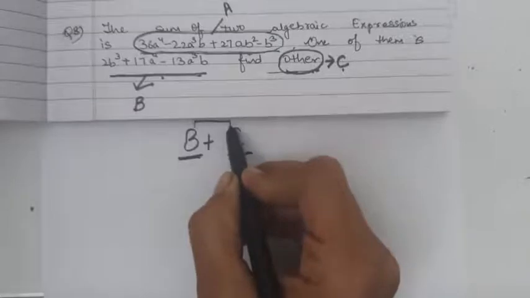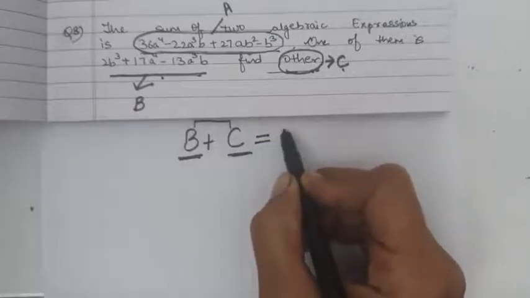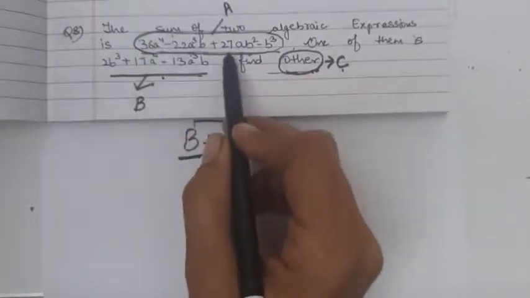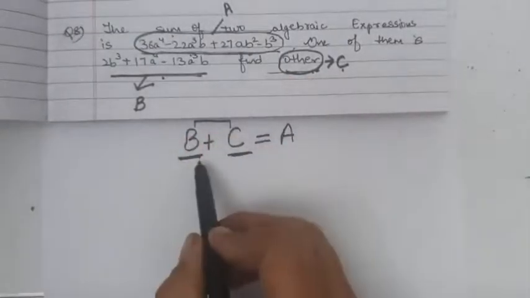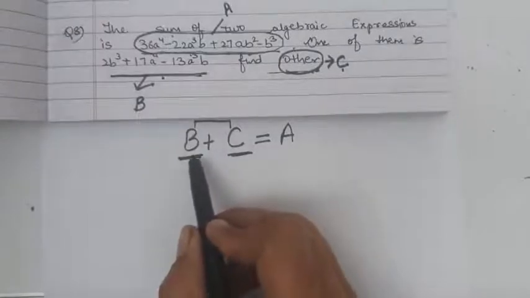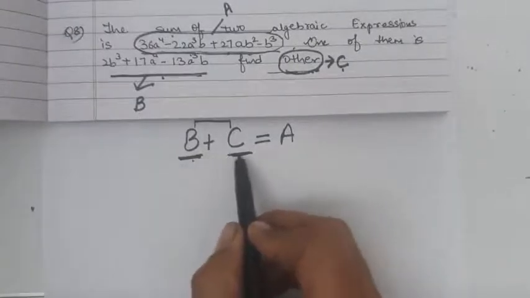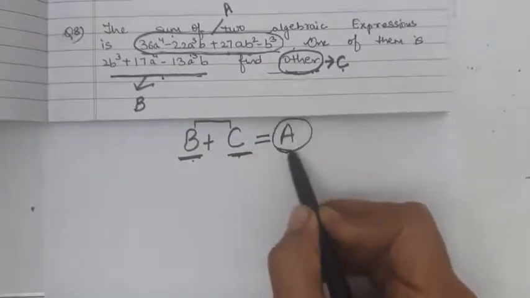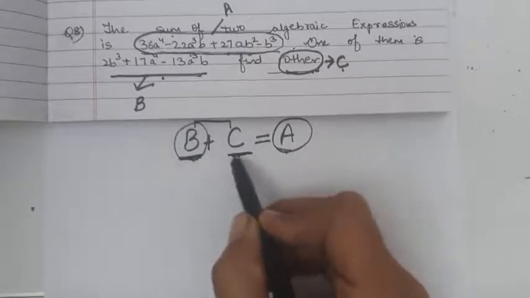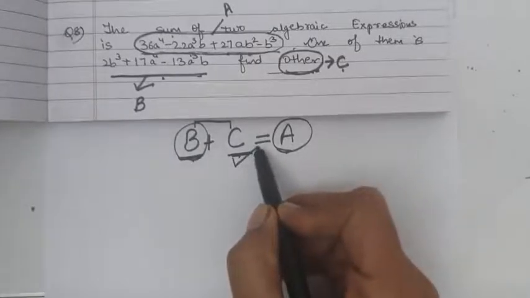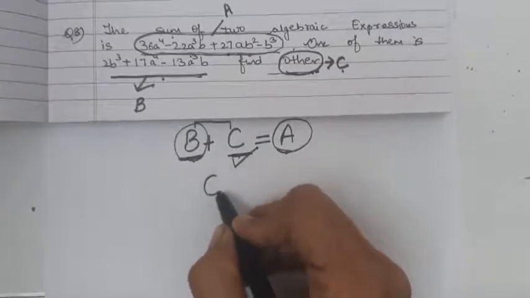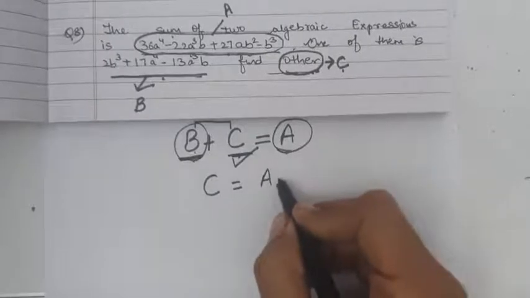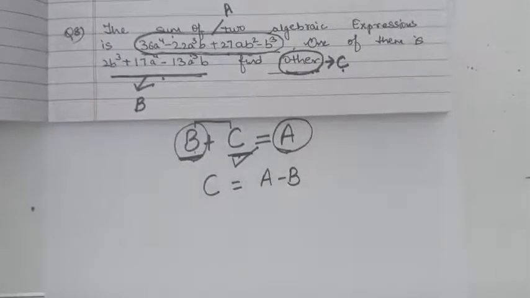Their sum is given to you as A. As you can see here, the sum I have named A. So now the question becomes, the sum of B and C gives you A. A you know, B you also know, and you have to find out C. If I keep C here and move B there, I'll get A minus B. Clear?